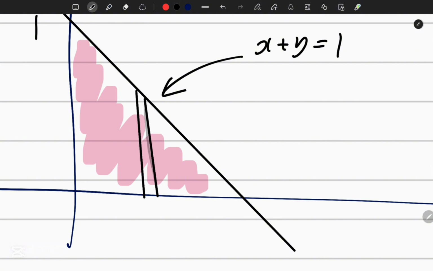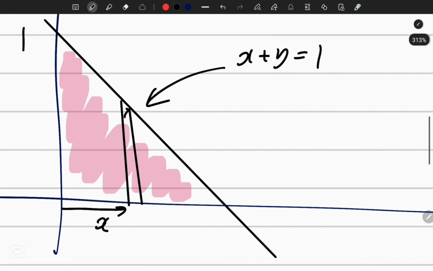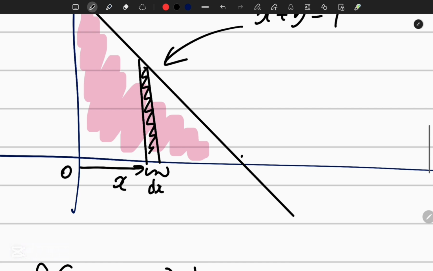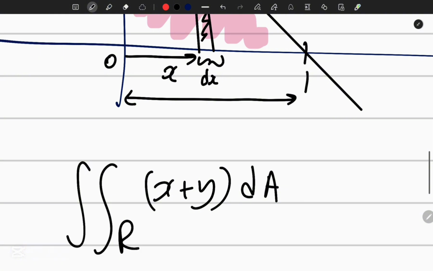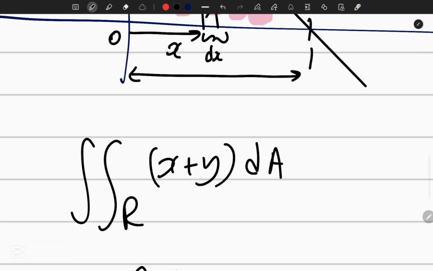Let's say this is dx. This point is 0, this point is 1. So x is going from 0 to 1. I will write it here.